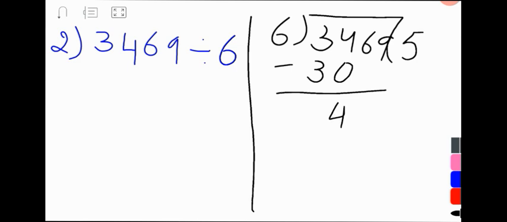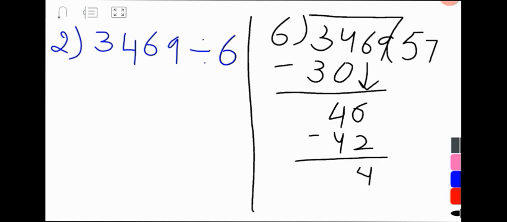Now we take the 6 down. Now this number has become 46. We check whether 46 comes in the table of 6 or not. 46 is not divisible by 6, so we take a smaller number again, that is 42. 6 sevens are 42. Now again we subtract: 6 minus 2 is 4 and 4 minus 4 is 0.